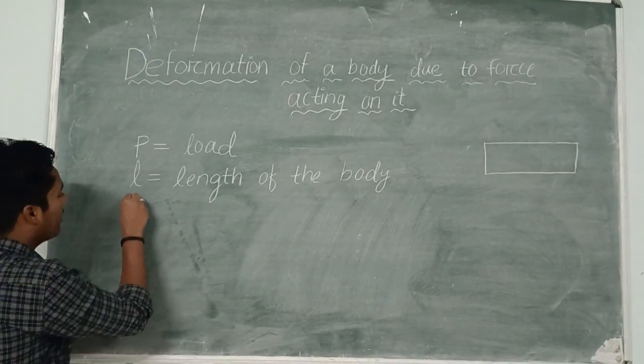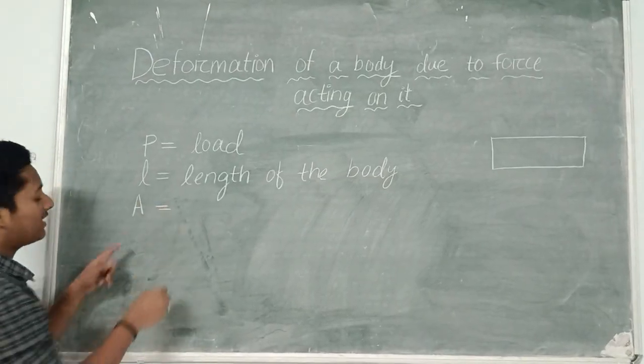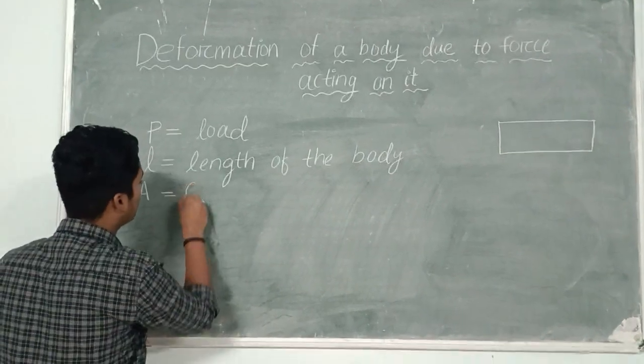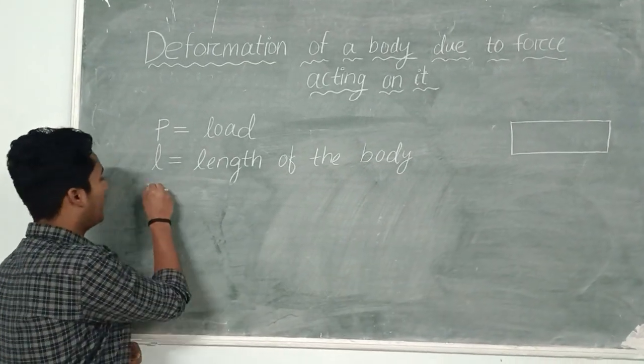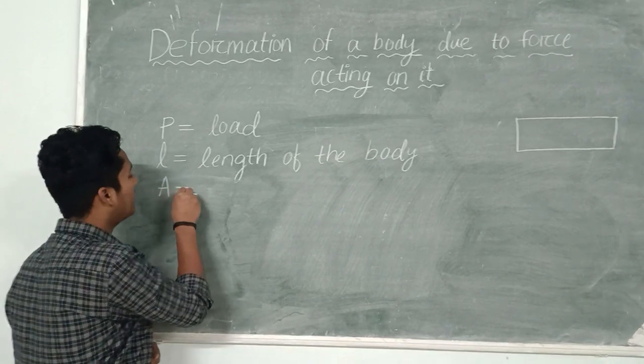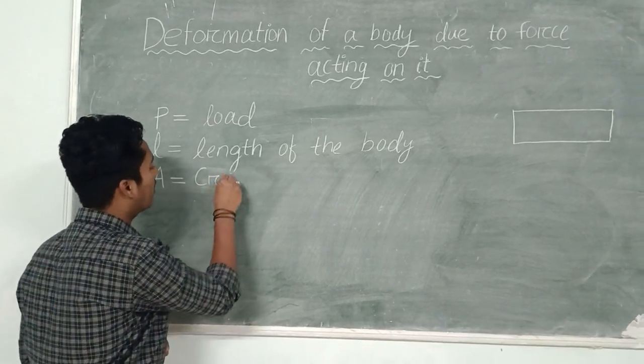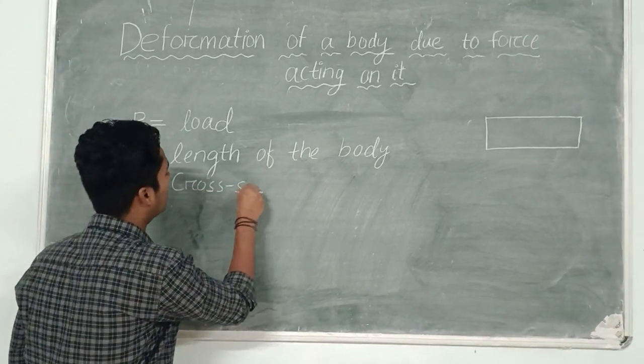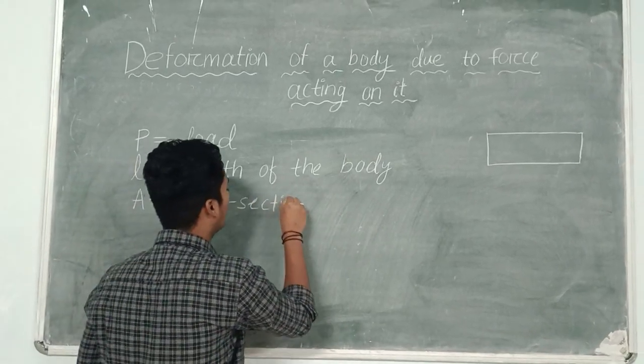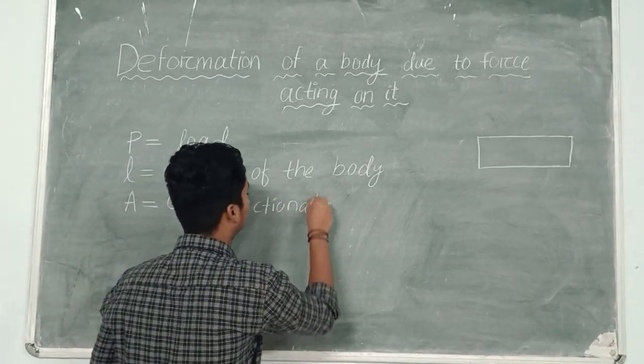And area is designated by A. This is called the cross sectional area of the body, or we can say bar.